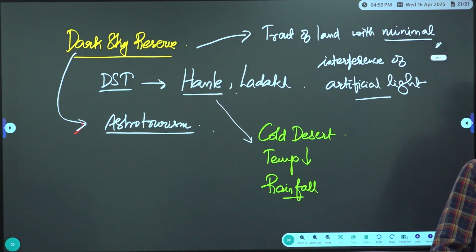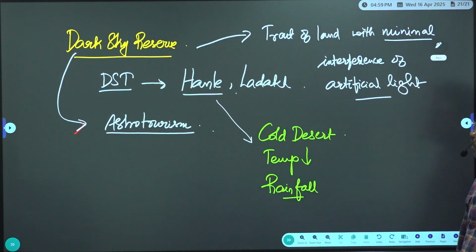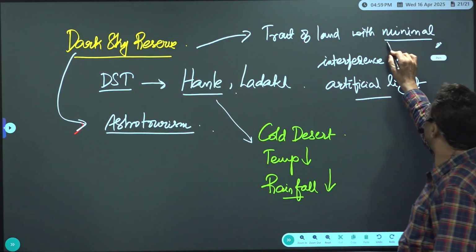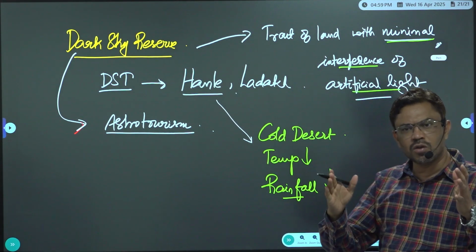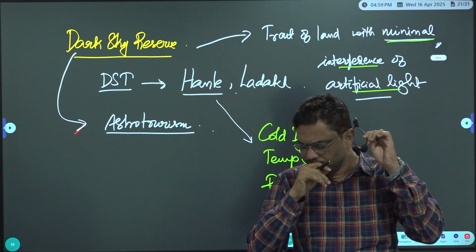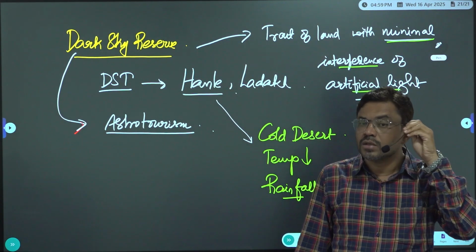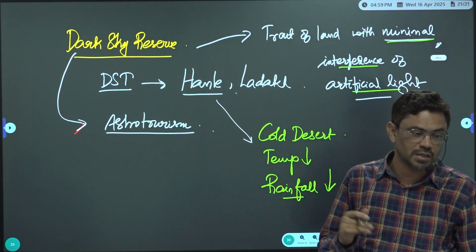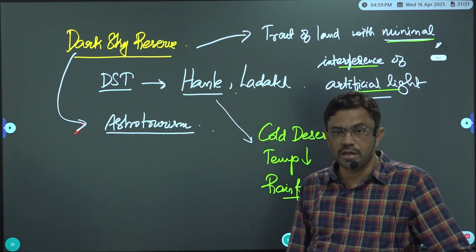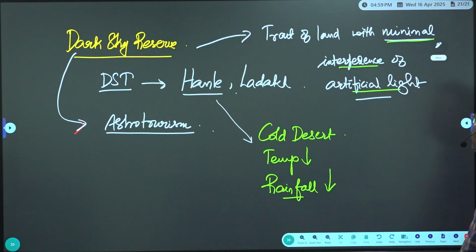There the villagers also prefer solar panels. The people living there use sunlight, so they won't prefer artificial light or electricity. And that's why it is a natural choice.